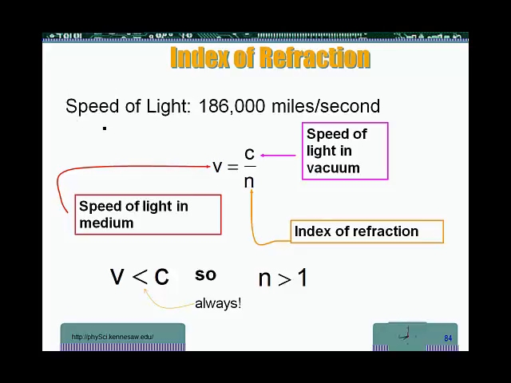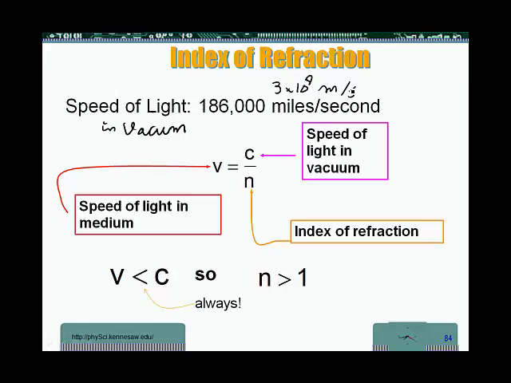Speed of light in vacuum is 186,000 miles per second. In meters per second, it's about 3 times 10 to the 8 meters per second. That's the speed of light in vacuum.